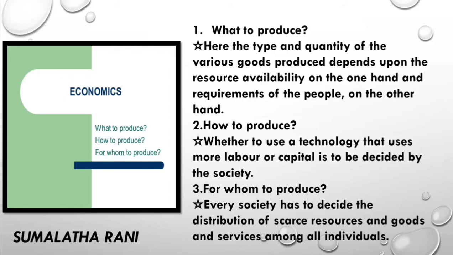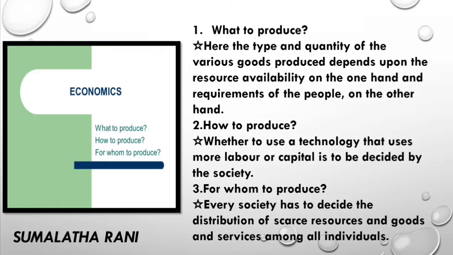The third one, for whom to produce. Here we see, children, who will get the goods so produced and in what quantities. This is the problem of distribution, such that each person should get at least a minimum quantity of goods and services for consumption, for his daily needs.